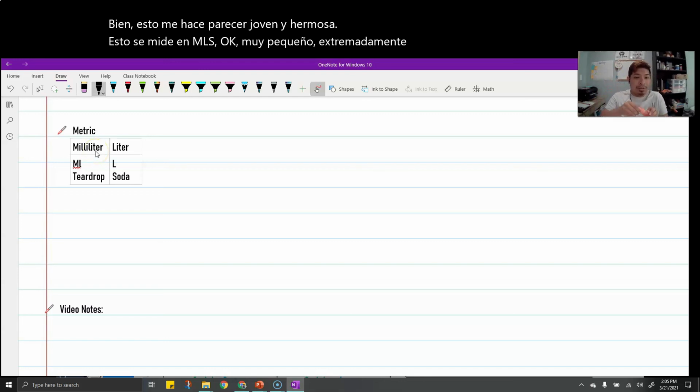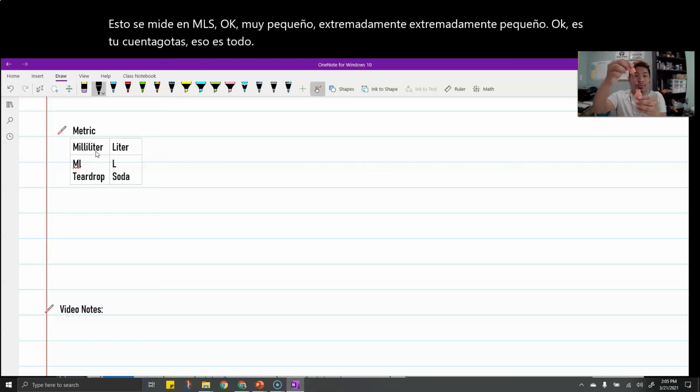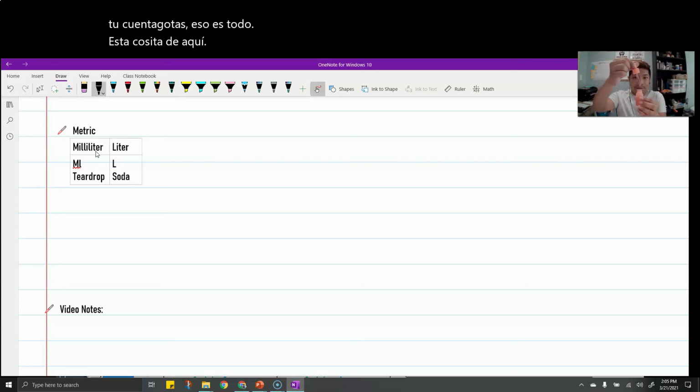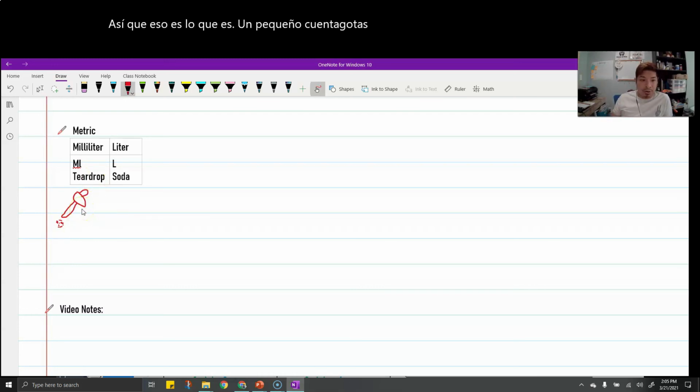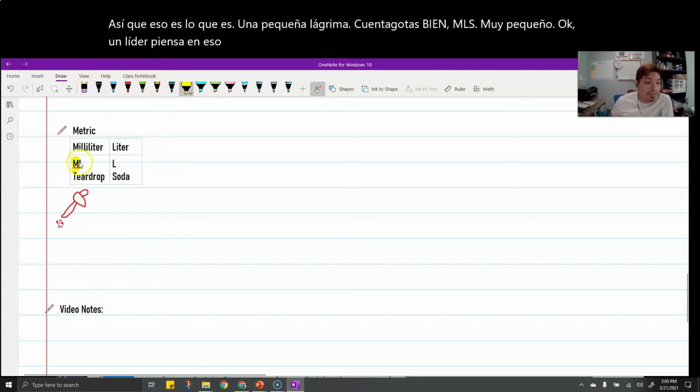A teardropper, that's this little thing right here. Super small, okay? So I'm gonna draw that. So that's a little teardropper, okay? Milliliters, very small. For milliliters, it's just ml, and for liters, it's L.